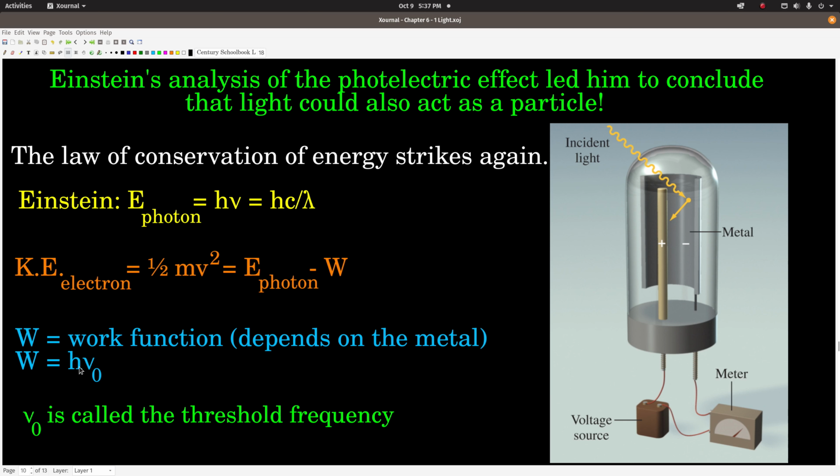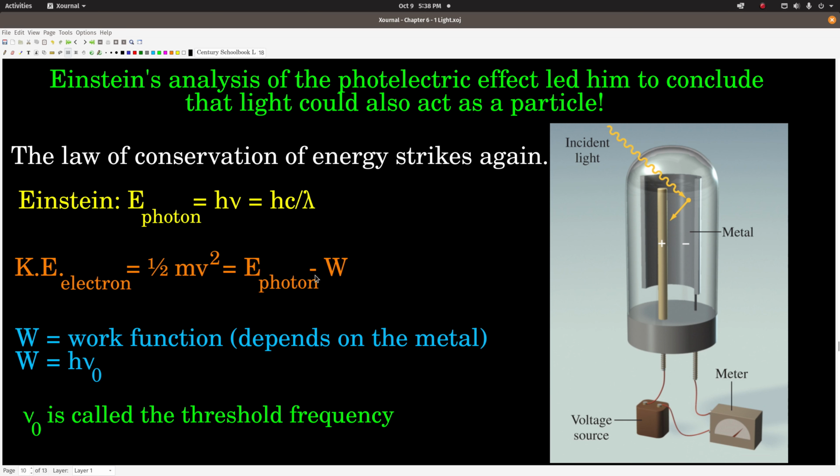The work function is also equal to h nu 0. Remember, the energy of a photon is h nu. The energy of a photon that will just barely remove an electron from this metal with zero kinetic energy, the frequency of that photon is called the threshold frequency. Any frequency higher, or shorter wavelength, and we get electrons.